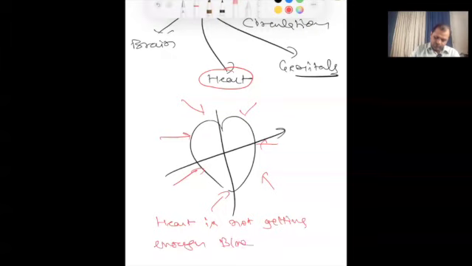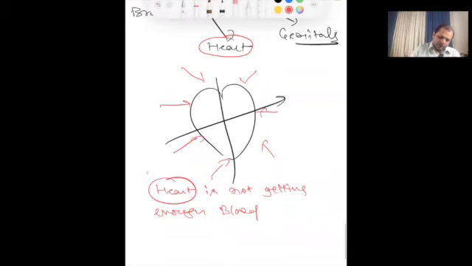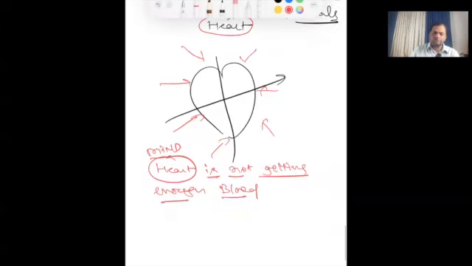For understanding purposes, just remove the heart and put the mind. We can tell the mind is not getting enough blood, which means the person is not able to think properly. The person is not able to take decisions properly.